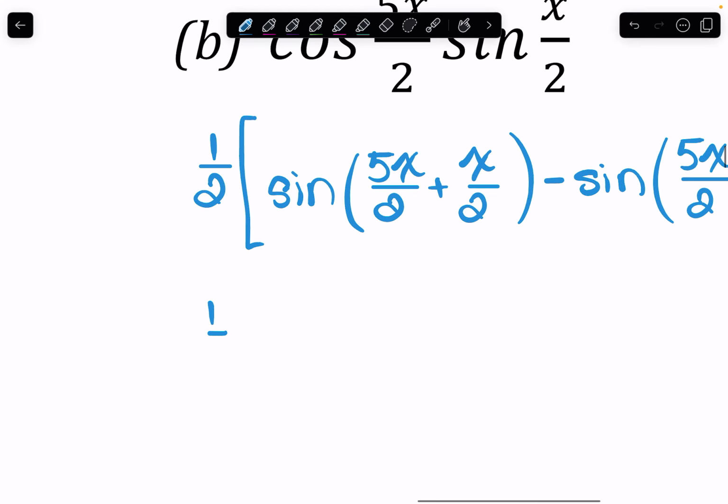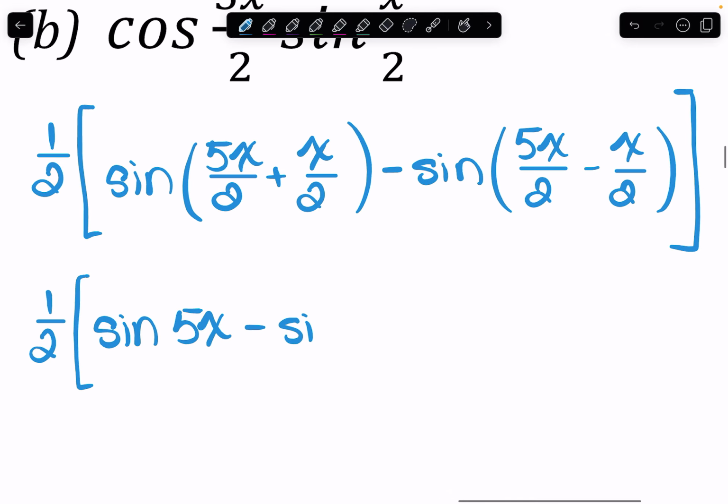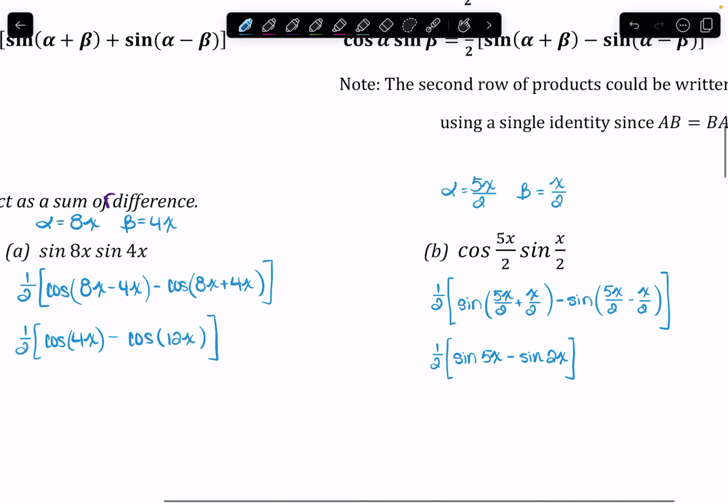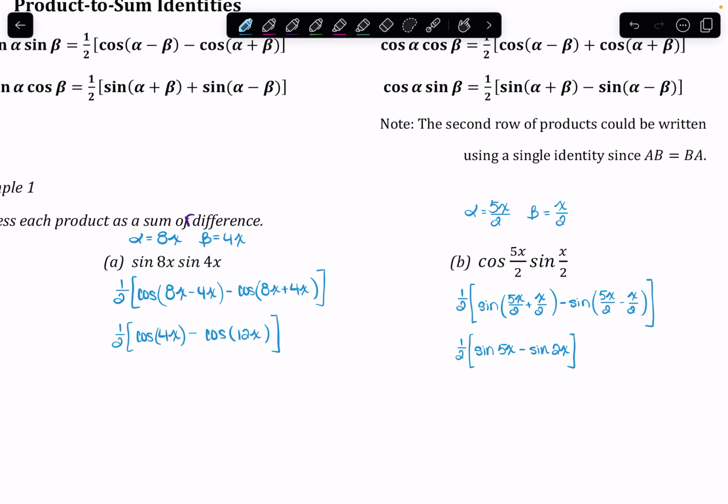So that gives us 1/2 times the quantity sine of 5 plus 1, 10, 10 over 2 is 5x, minus sine 5 minus 1, 4 over 2, 2x. Right?